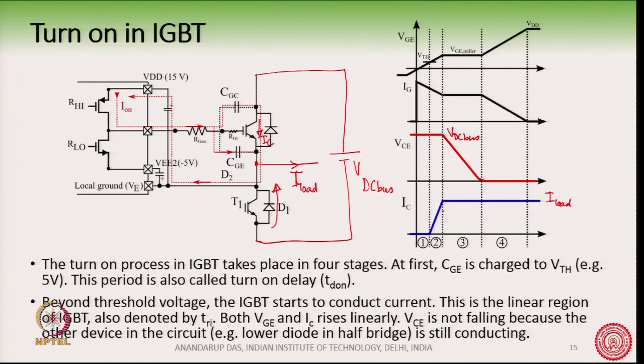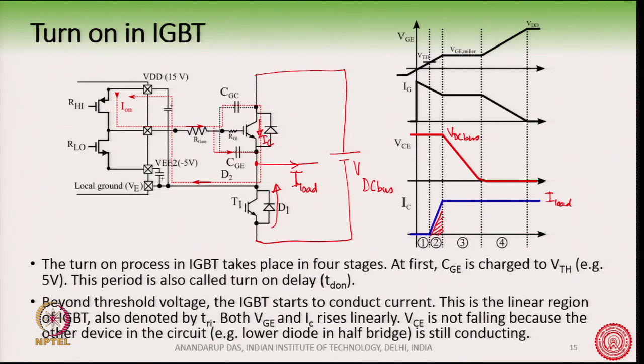If you plot the loss, you will see that there is a loss happening in this region, stage 2, because there is an IC current and a VDC voltage, and the loss is linearly rising here.